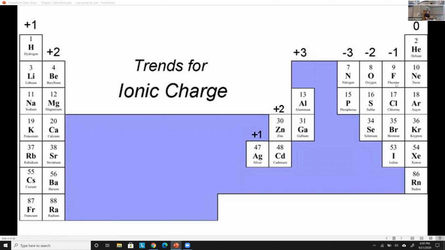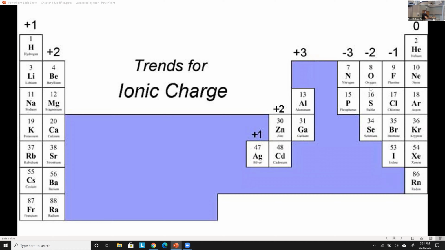Okay. Then the same thing applies for 6A and 5A, but it's limited. It's not all of them. For 6A, I would say oxygen and sulfur are the main 2. Selenium, I heard, could break some rules. But oxygen and sulfur are the main 2 that, when they're ionic, take a -2 charge. Because they're in 6A, they have 6 valence electrons. They want to gain 2 to get to 8.